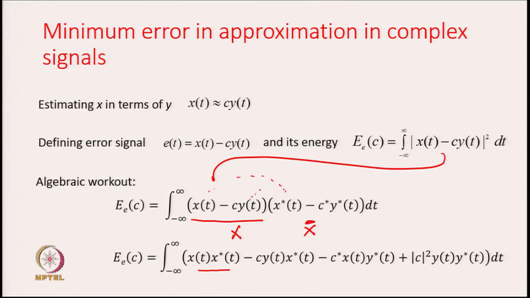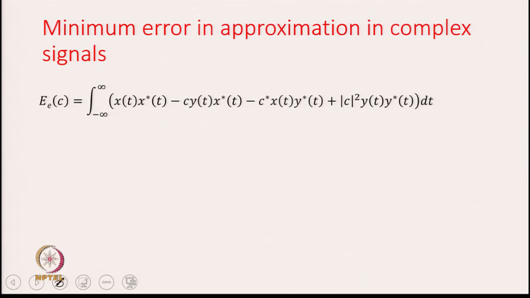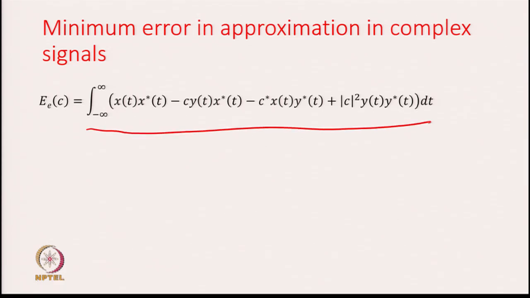We can multiply c y(t) with x(t) conjugate, this is this. Now, we can multiply x(t) with this term, and finally, we need to multiply c y(t) with this, which would give us this. So, we will get 4 terms in the multiplication. So, this is the expression that we have obtained from the last slide.